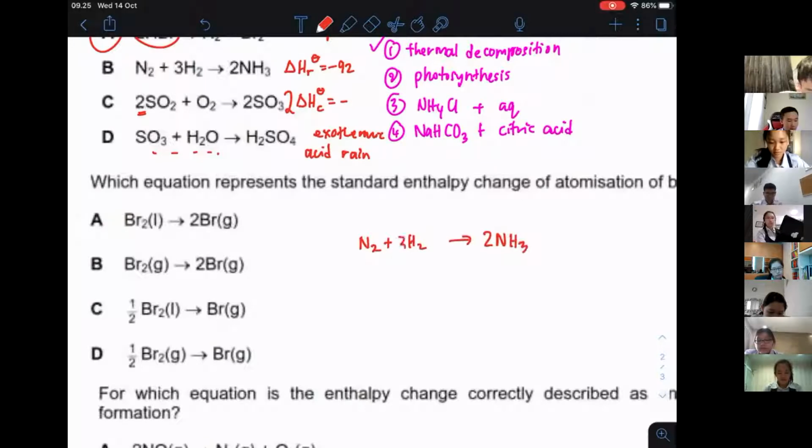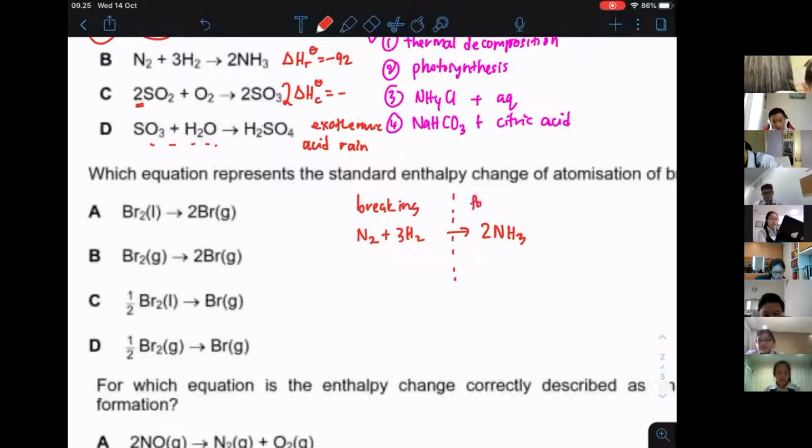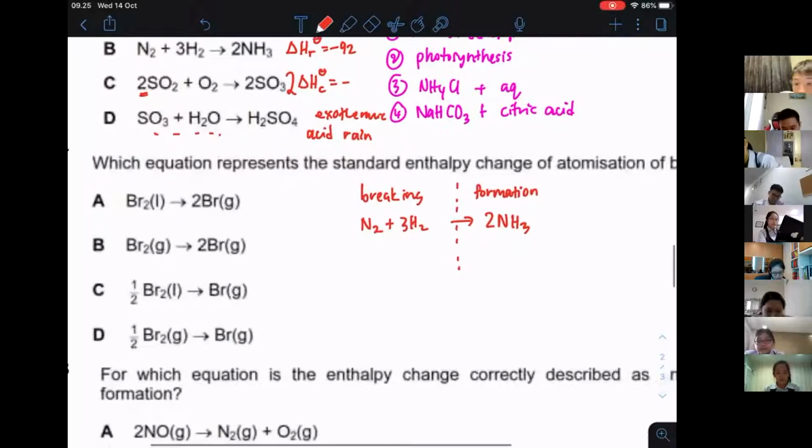In order for this reaction to happen, the reactants need to break their bonds, and in order to form products, there should be bond formation. So the bond between nitrogen and nitrogen needs to be broken.